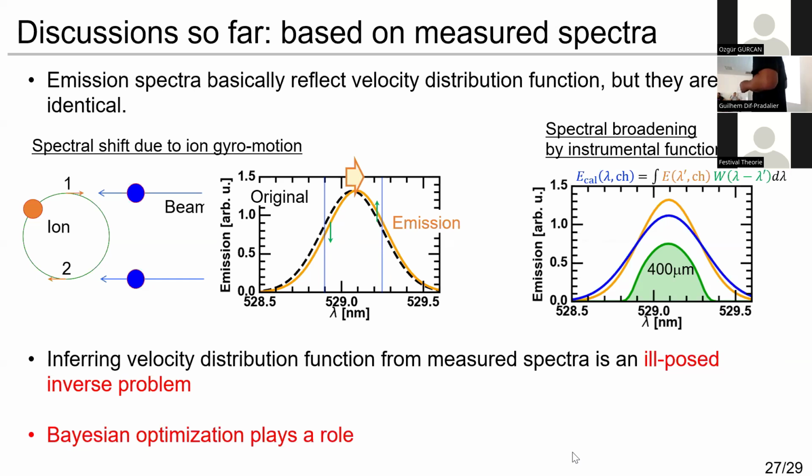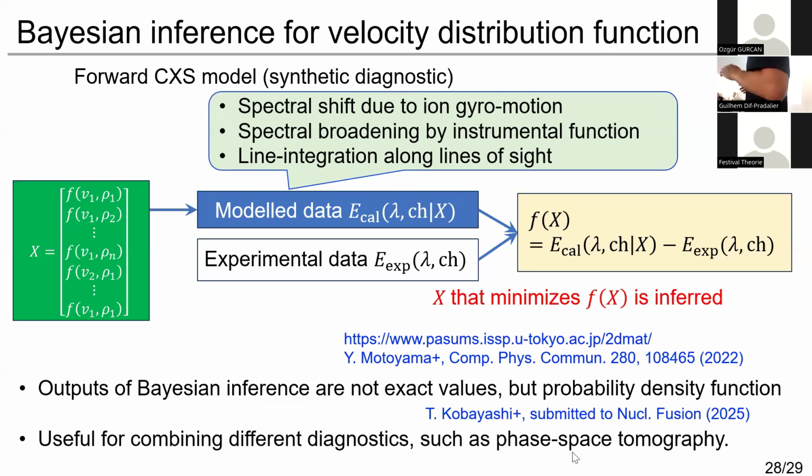So we try to use Bayesian optimization to do this, based on Markov chain Monte Carlo sampling. We apply different sets of input distribution functions to the forward model, which gives us model data. By comparing this to the experimental data, we try to estimate the velocity distribution function using this technique. And this is ongoing.